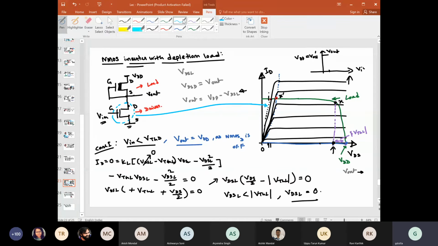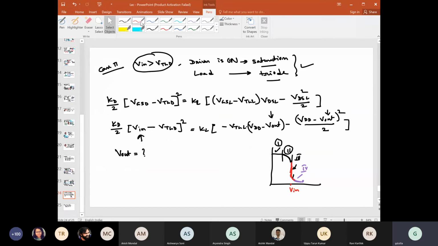Suppose we are now plotting the characteristics for VGS equal to VDD, or V in equal to VDD. So here this will be the output. The minimum output that is possible from this transistor is this one, which is not equal to 0, right?